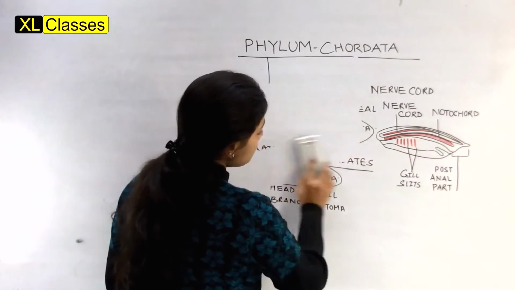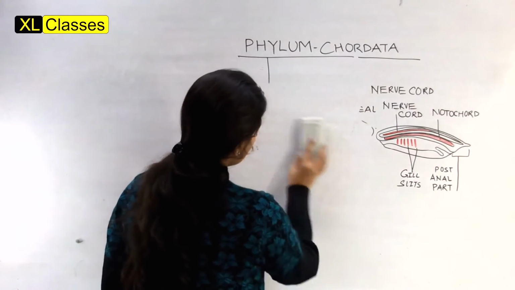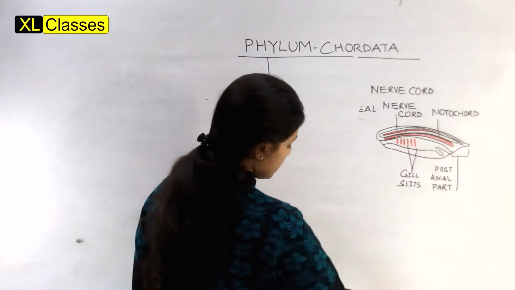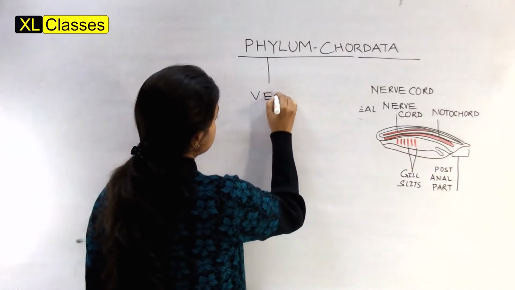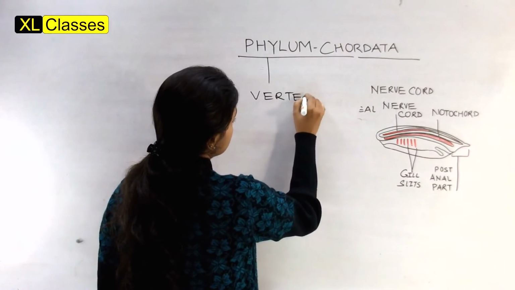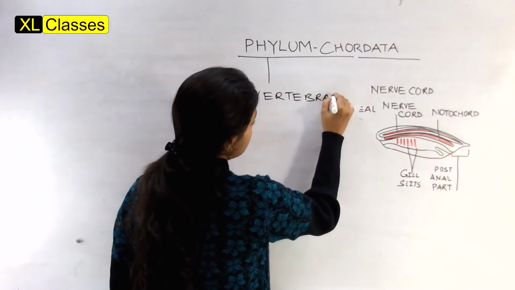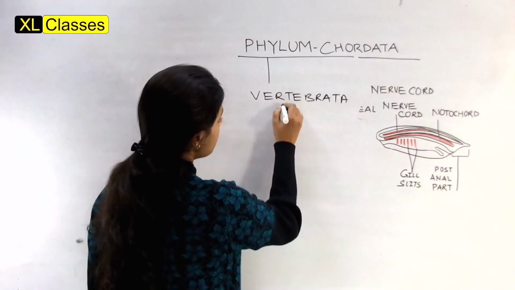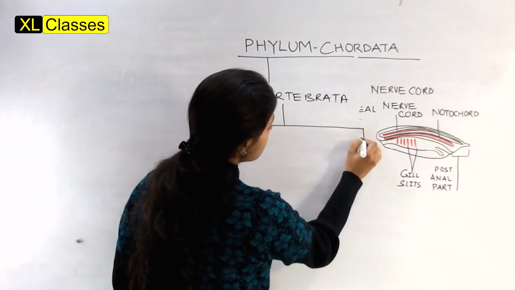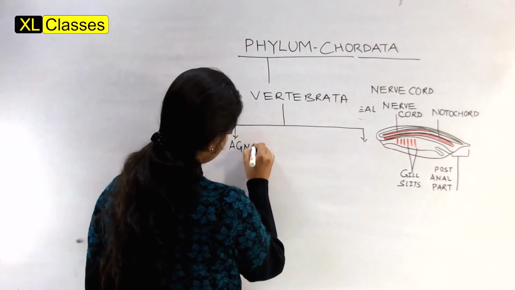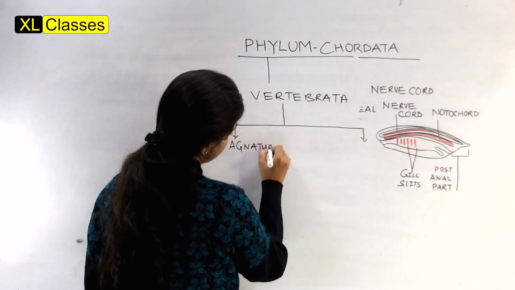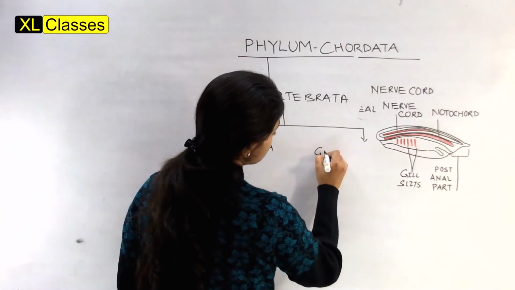Later on, the subphylum Vertebrata is also classified into two main subdivisions, that is Agnatha and Gnathostomata.